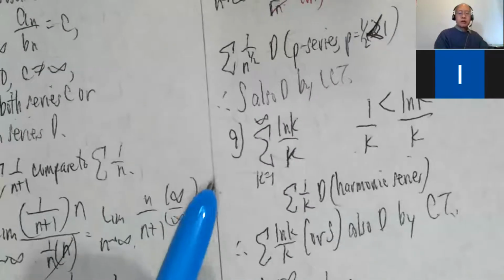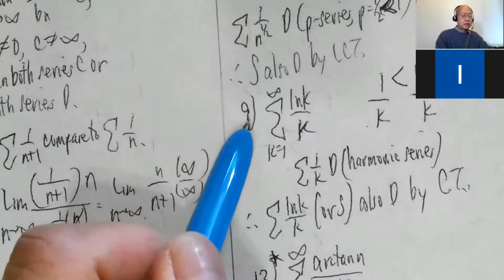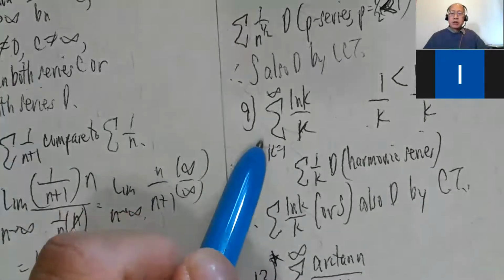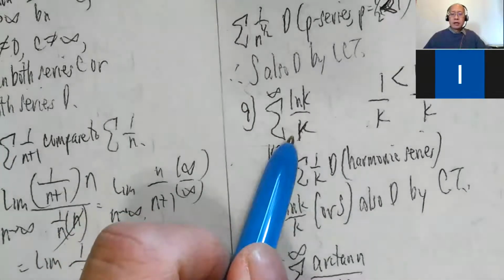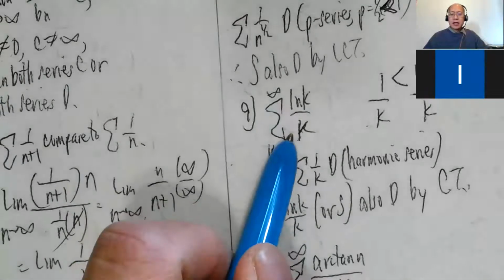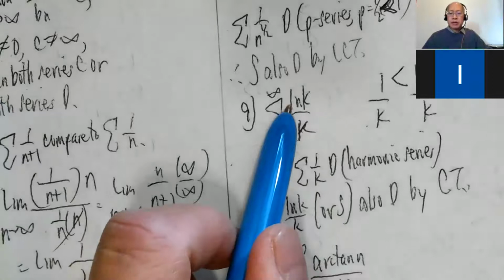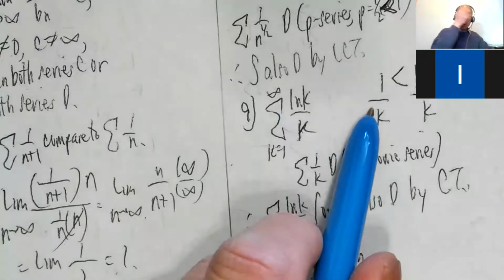Okay, the next one actually requires the comparison test. Summation k equals 1 to infinity, ln k over k. I don't really recognize that as anything. However, when k gets bigger and bigger, that's certainly bigger than 1 over k.